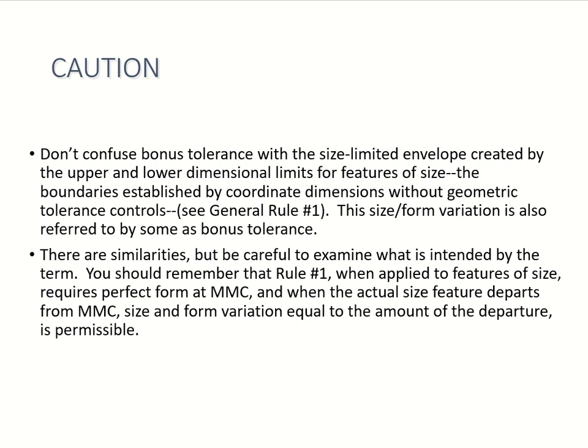So when your actual size departs from the MMC, meaning it changes, in other words, with size and form variation, you have to change your tolerance with added bonus tolerance to account for that. So you can give the permissible range for that change.